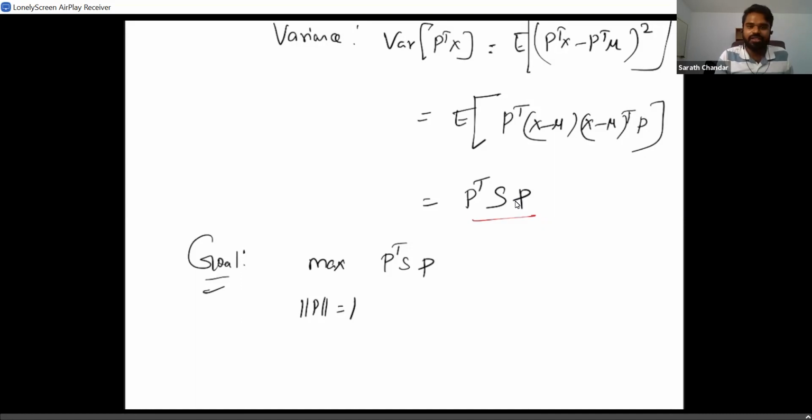So we are looking at dimensionality reduction, and specifically how I can take my d-dimensional data and project it to just one dimension such that it has as much variance as possible. That is exactly defined by this goal, which I'm going to rewrite on the next page.